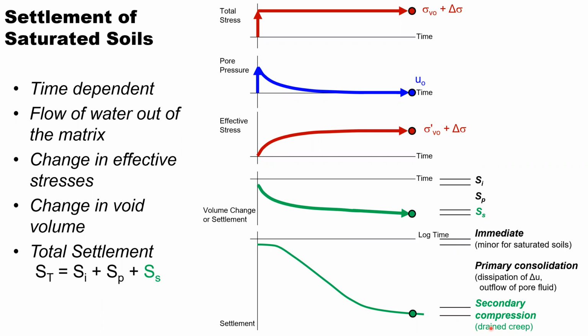We have to make sure we don't mix up long-term settlements that occur due to secondary compression with distortional movements that are related to shear. We can predict what the primary consolidation and secondary compression settlements are going to be. Anything that's beyond that may be related to shear-induced volume changes. So identifying, predicting, and then differentiating those is really important to what we do.